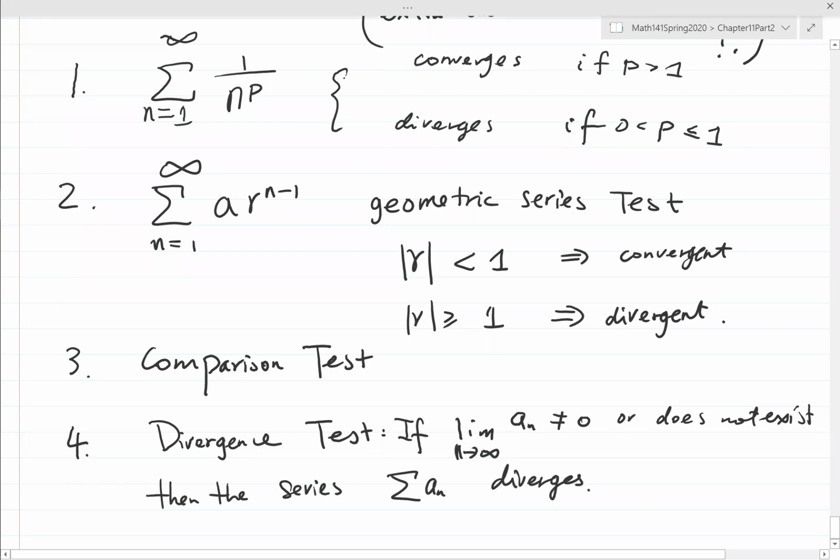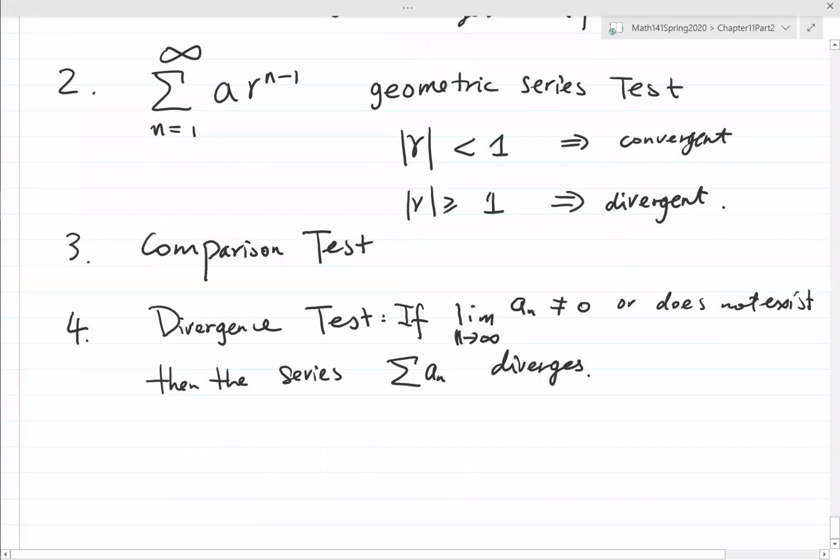If the divergence test applies, then the series diverges. If you can easily see that the limit is non-zero, then you first apply the divergence test to conclude the series diverges, and then you're done.